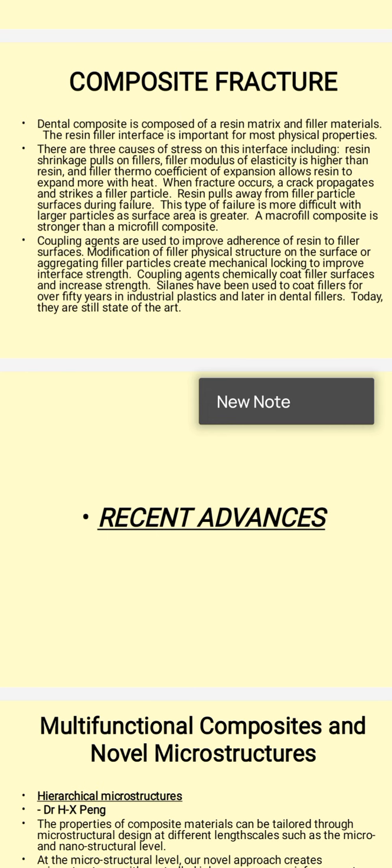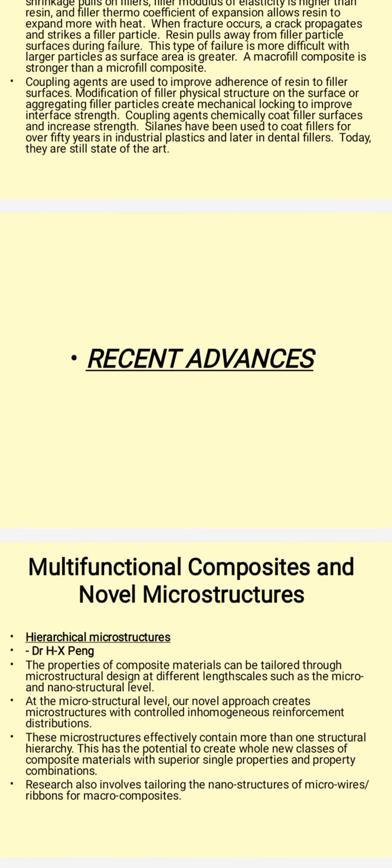Recent advances: properties of a composite material can be tailored through microstructural design at different length scales, such as the micro and nanostructural level. Research also involves tailoring of the nanostructures of the microwires, ribbons, or the macro composites.